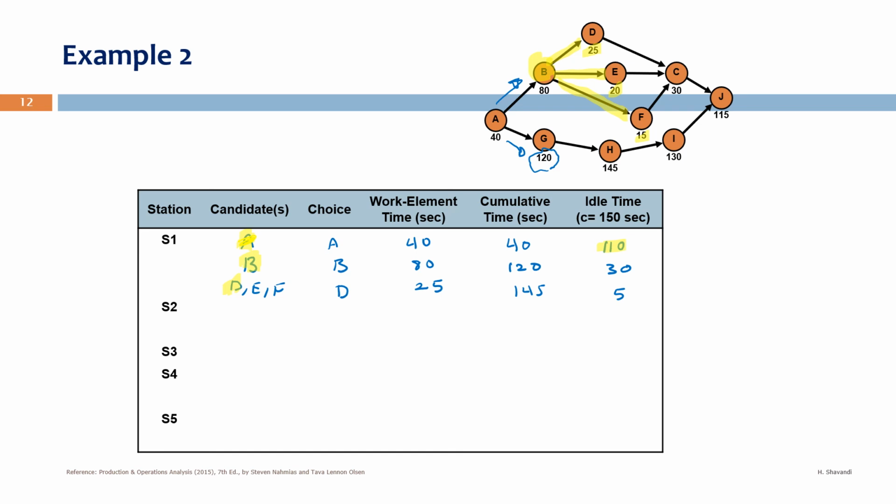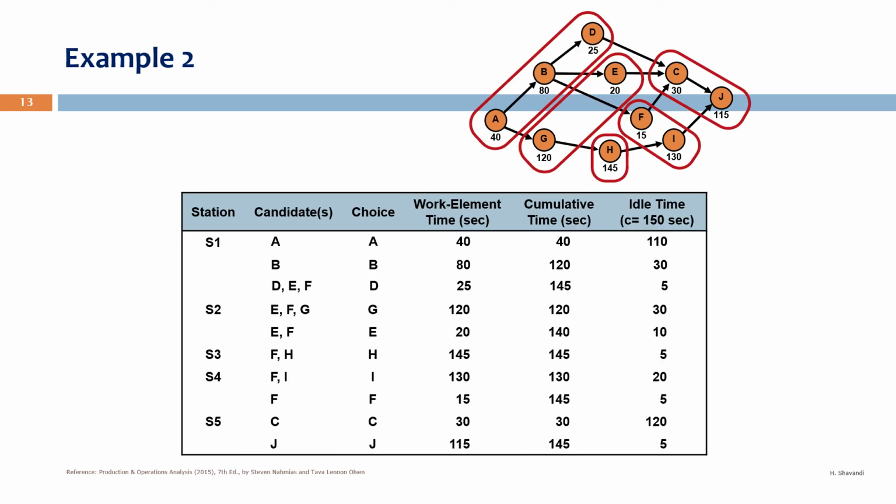For workstation number 2, considering again the precedence relationship, we will see what the candidates are, and then in the same manner as workstation 1, we go for the other workstations. So here we have completed the table, and we do have the solution of the assembly line balancing. We have assigned work elements A, B, and D to workstation S1.